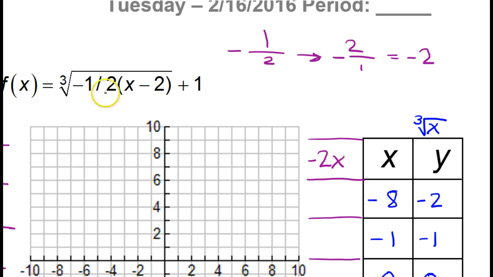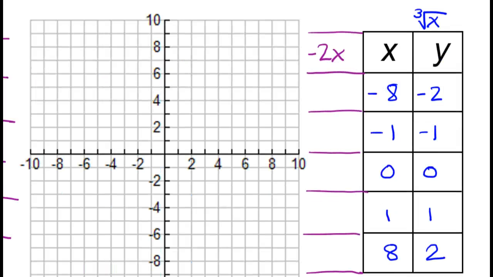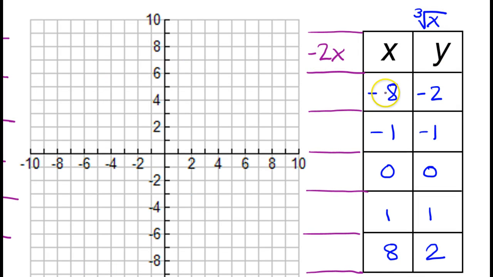Again, I'm just doing the reciprocal of this to make my new x column. So -2 times -8 is +16. -2 times -1 is +2. -2 times 0 is 0. And then I've got -2 and -16.